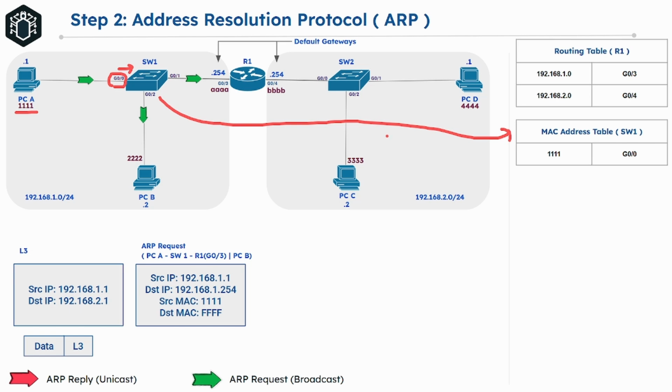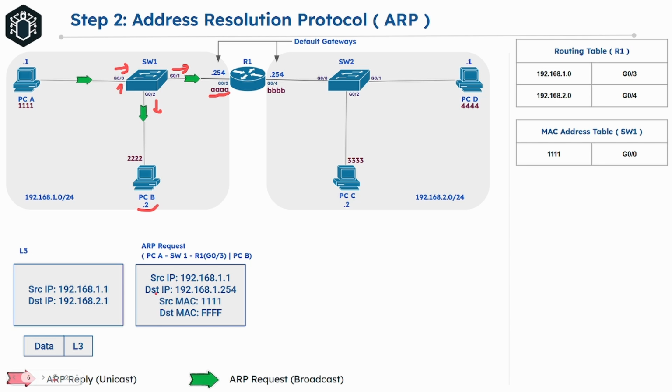This process is called MAC learning. Now, since this is a broadcast frame, the switch forwards it to all connected ports except the one it was received on, and each device is going to check the destination IP address inside the request, and if the IP does not match, the device simply discards the request.